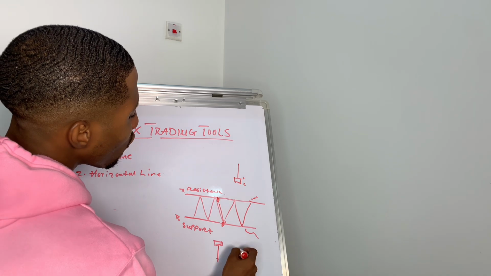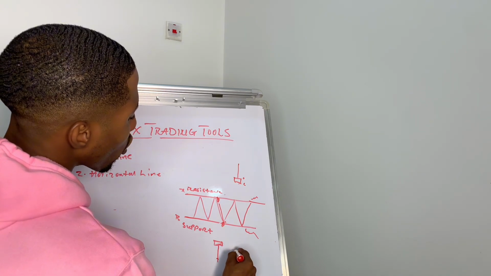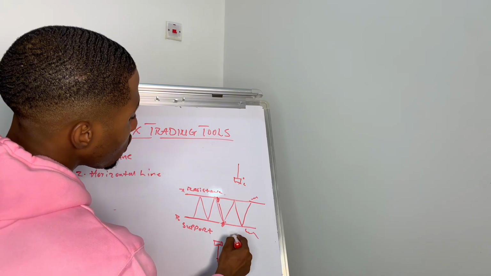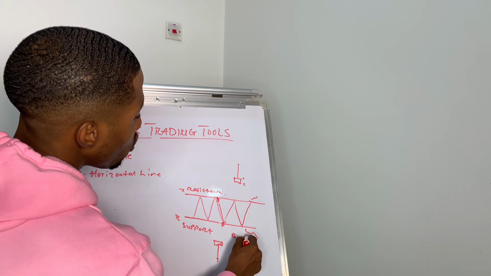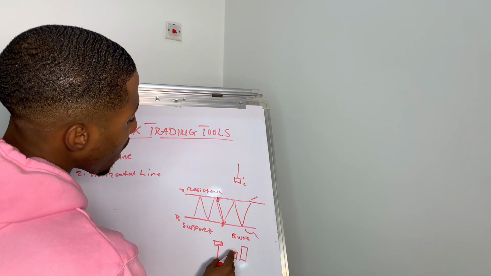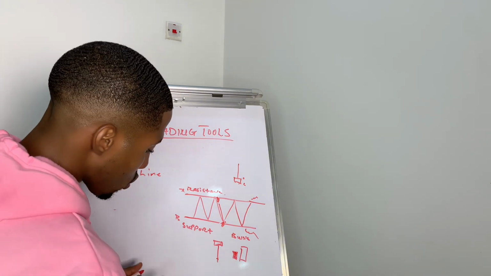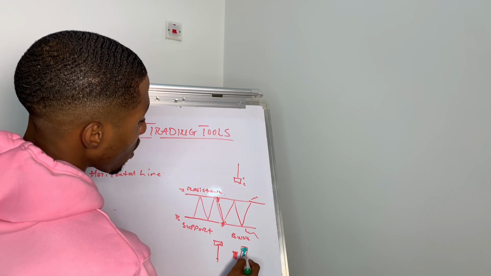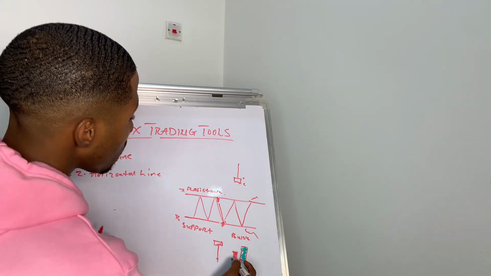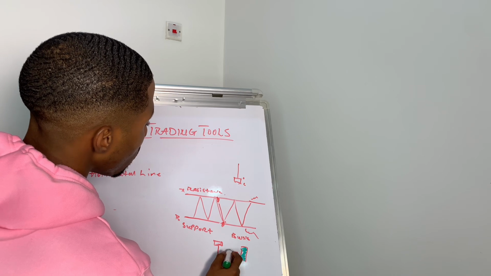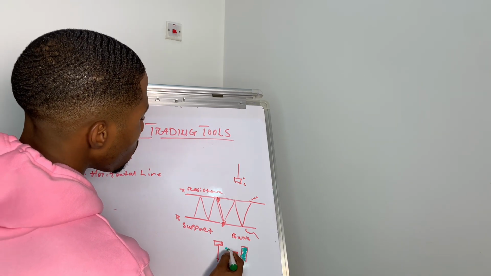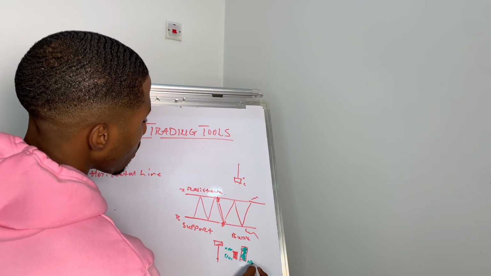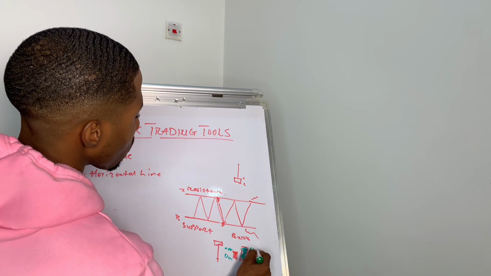Now the engulfing I explained to you guys: one bar and the other one longer than the next one. If we call this a bullish engulfing, which means this bar is a red bar and this one is a green bar, normally this is the sellers' opening and this is their closing, and this is the buyers' opening and this is their closing.